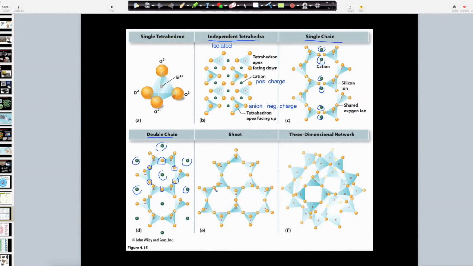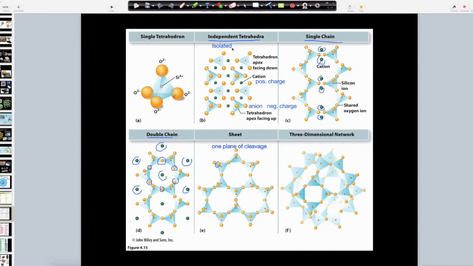So you can see here, and then these will combine with this one to make the second layer of the sheet, and they have ionic bonds between the sheets. Sheet silicates generally have one plane of cleavage because they are ionically bonding those sheets together.